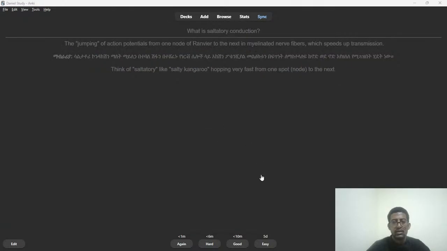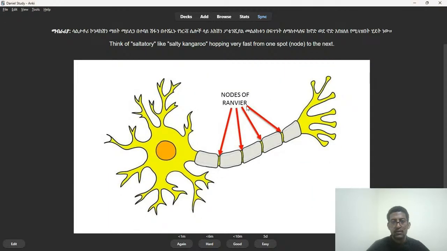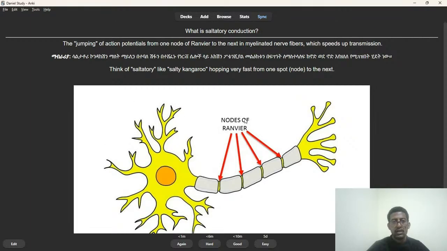Yes, this is it. So you have here nodes of Ranvier, and you can see this is the myelinated sheath of axons, and you have a node. So this is jumping the action potential from one node to the next in a myelinated nerve fiber, which speeds up transmission.